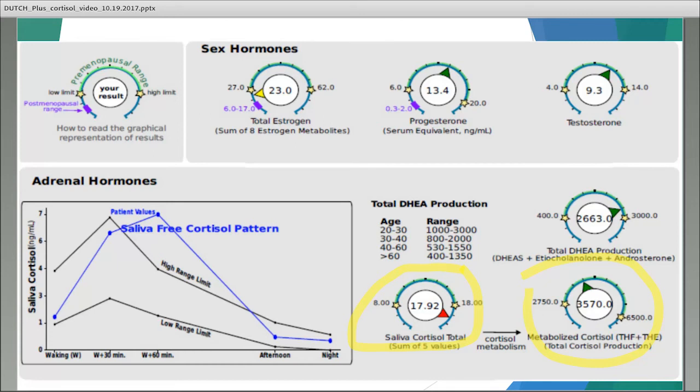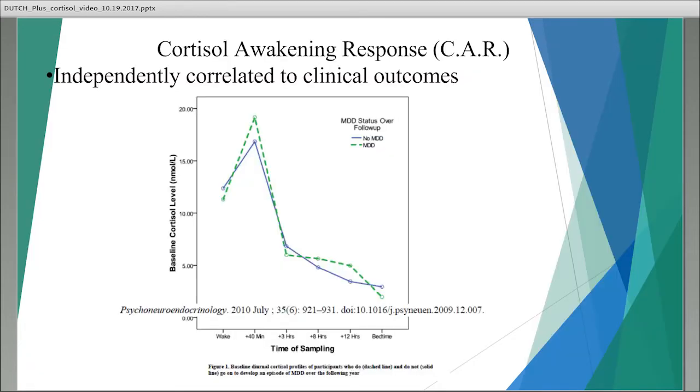And on page 5, you'll also see the calculations for the cortisol awakening response. What we want to look at there, if I could refer to a study, is that it shows that the difference between a waking cortisol sample and a sample 30 to 40 minutes later is called the cortisol awakening response.